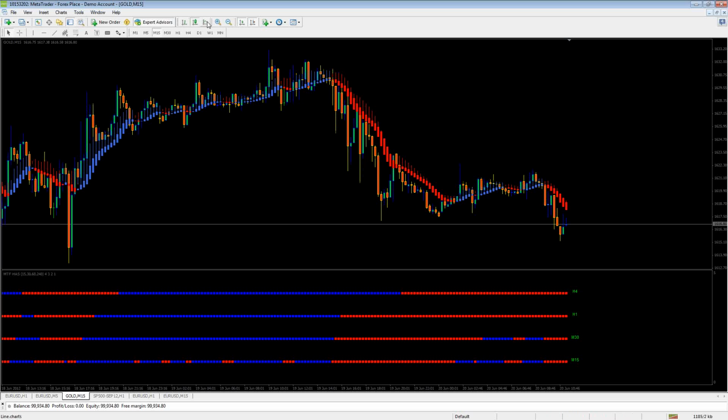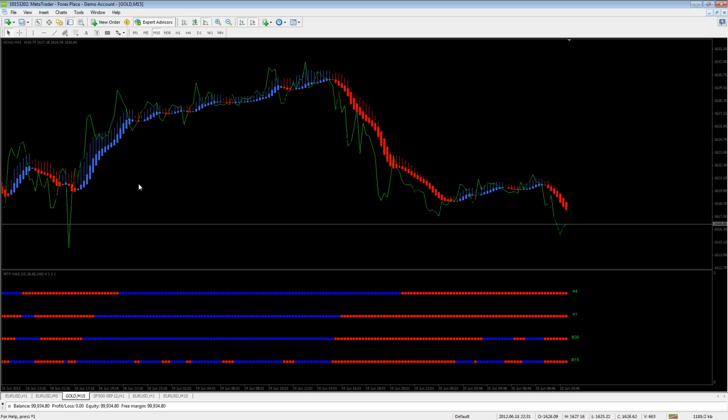But the smooth Heikin Ashi does not only filter noise or candles that are not the same as the trend. What it also does, it behaves as a moving average by itself. So it looks like a moving average. It's smoothed, and it smooths the movement of the price.